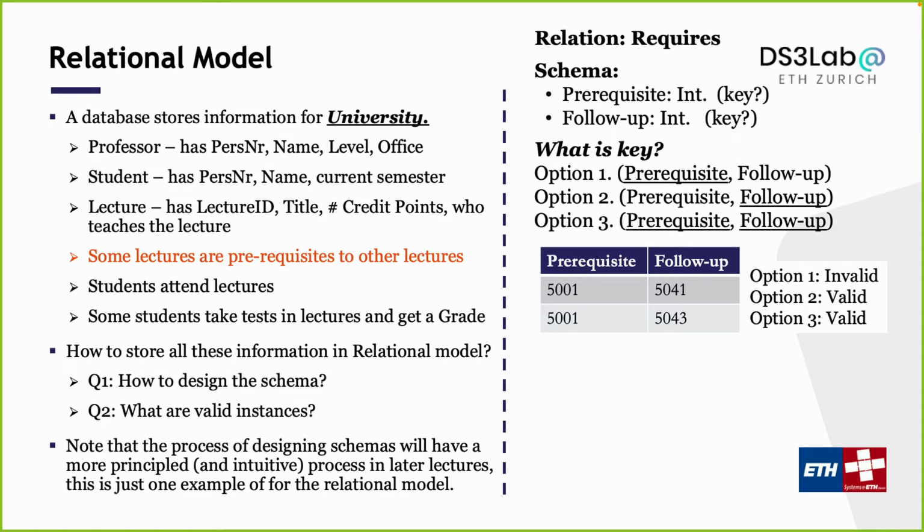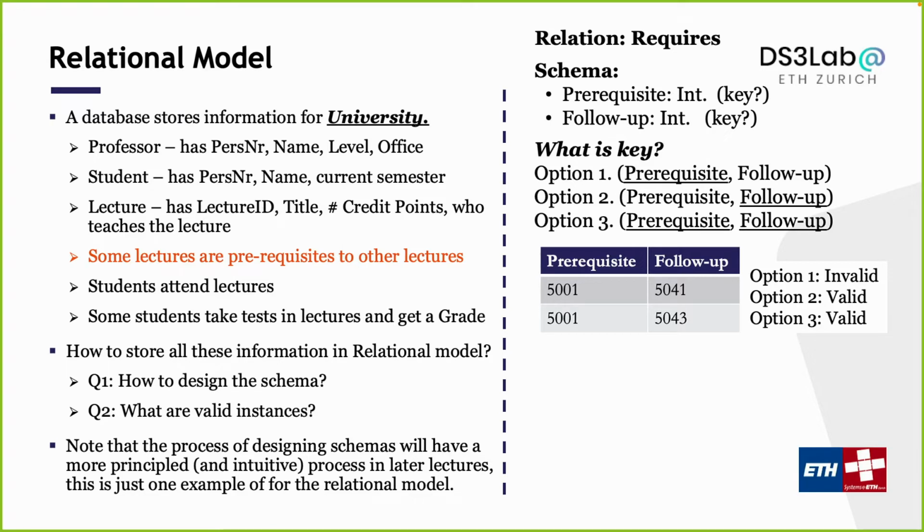Under option 1, it's not a valid instance. Why? Because if I set prerequisite as a key, I cannot have 2 tuples sharing the same prerequisite value. So clearly, it's not a valid instance for option 1. For option 2 or option 3, it's fine.